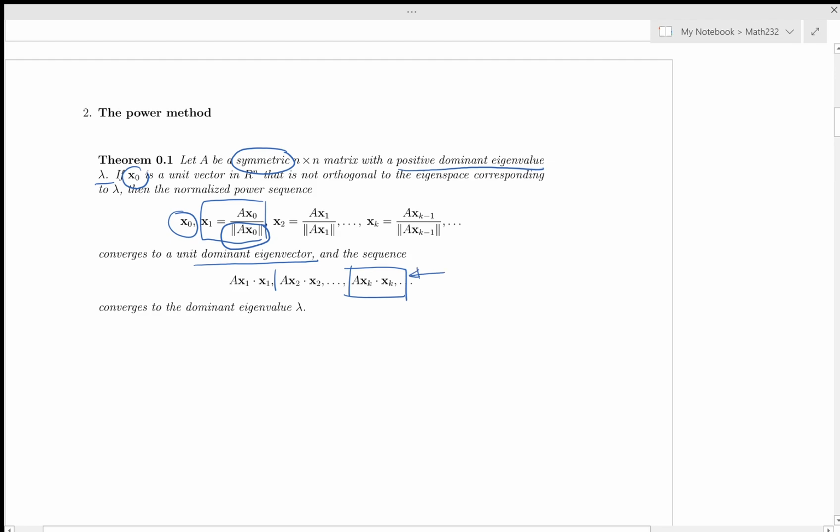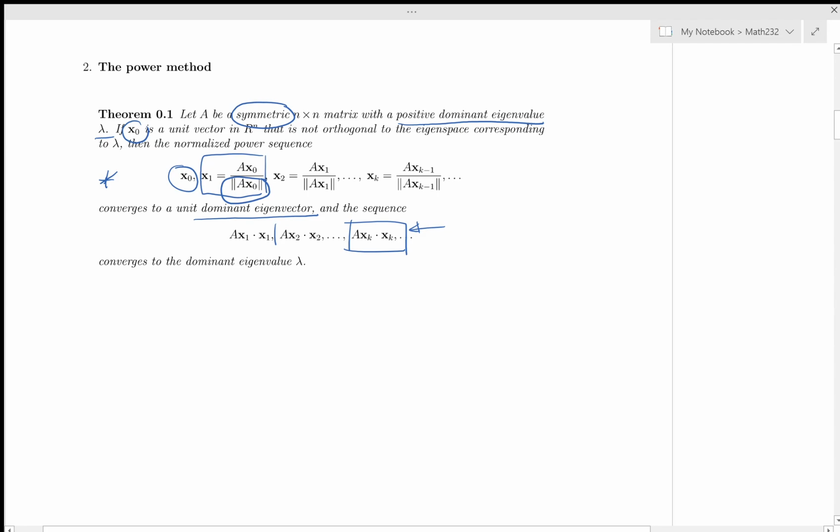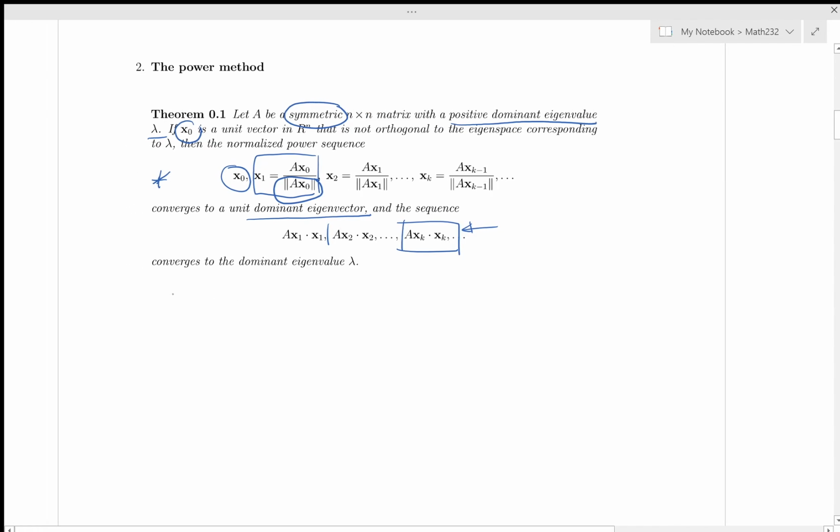Okay, so first I want to take a look at how we could rewrite this sequence. We start with x naught, and then we compute x1 like this. x1 is A x naught divided by the norm of A x naught.